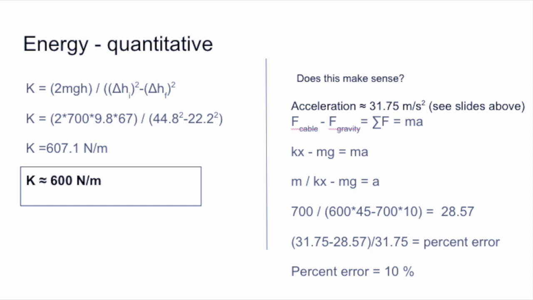And then we can solve for a, and a equals (kx minus mg) over m. We plug in our knowns and our newfound k, and we found that the theoretical acceleration should be 28.57, which gives us a percent error of around 10%, which is pretty good for the assumptions we took earlier.